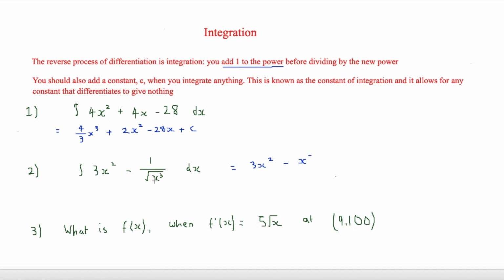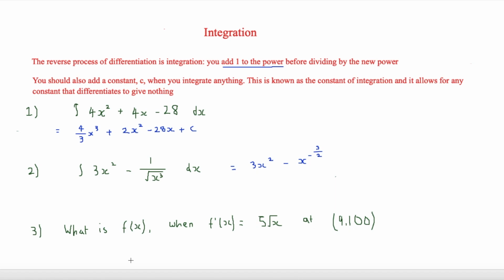The root of x cubed would actually be x to the 3 over 2. So therefore you can do minus x to the minus 3 over 2. That's because you're square rooting it, but you're also cubing it, so that's why it's going to be 3 over 2.